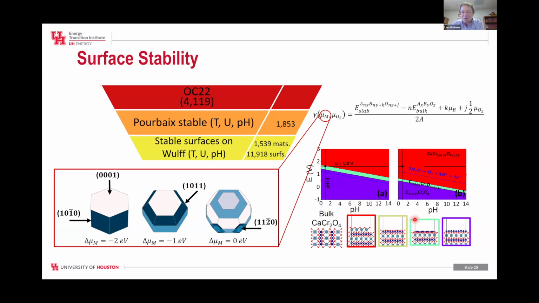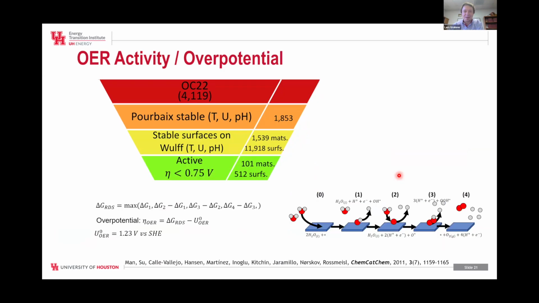So the surface termination here in cyan would be pretty good on this side. Now, if we are looking at the material over here, we have the red termination, and that's the one that we're showing right down here. The difference between these two is the metal chemical potential in both cases. So we can estimate that also based on our machine learning model.